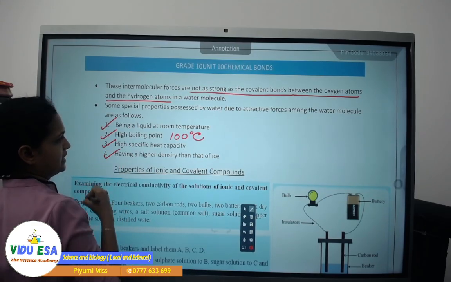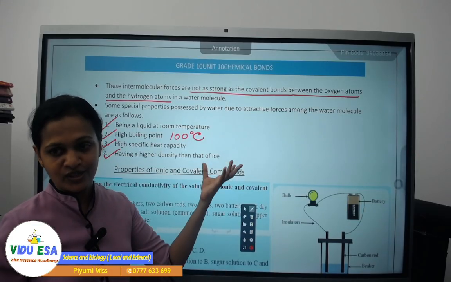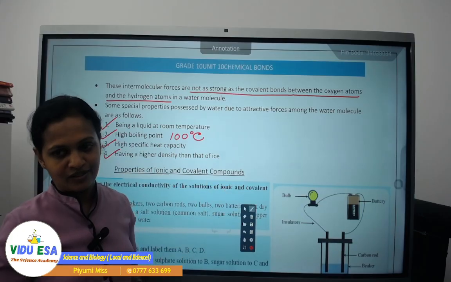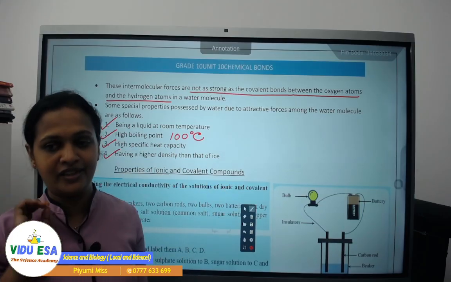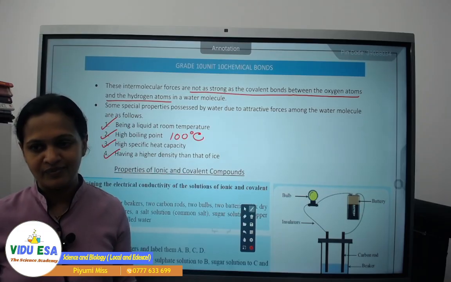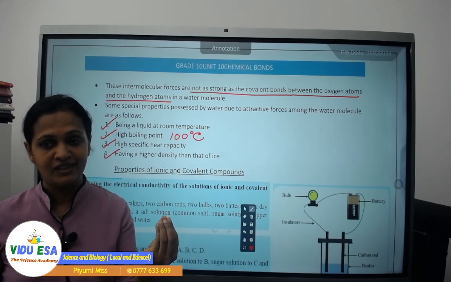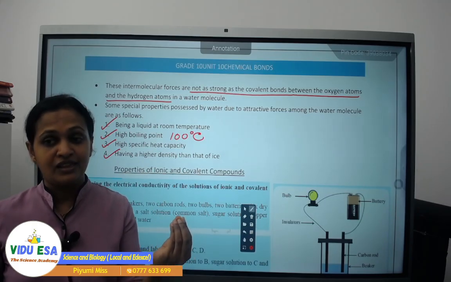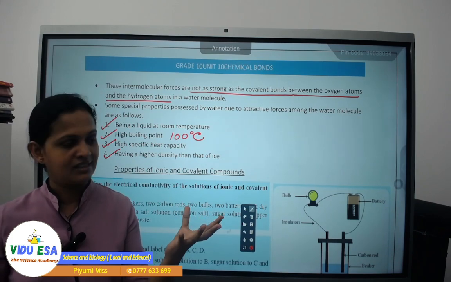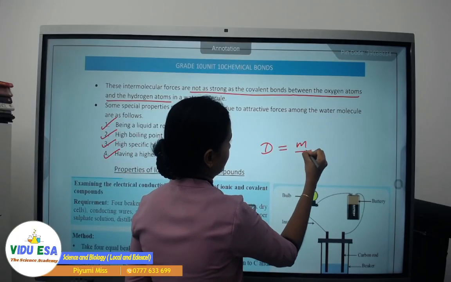Having a higher density than that of ice, right? So ice floats on water. That one also you have learnt in grade 10 first unit as differential expansion on freezing. Again, during freezing, the volume increases. Density equals mass divided by volume.